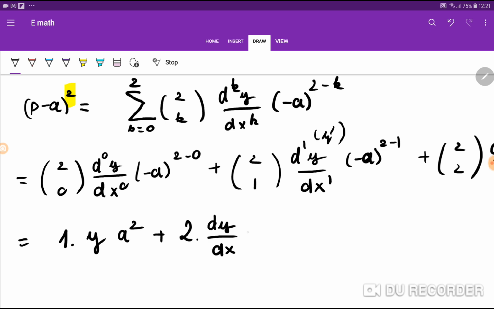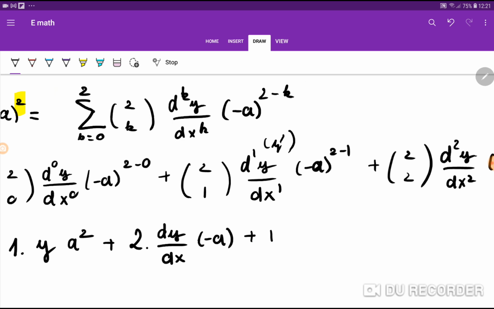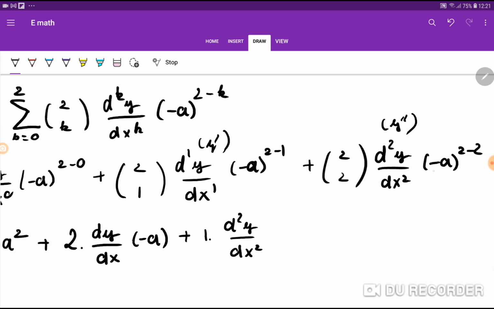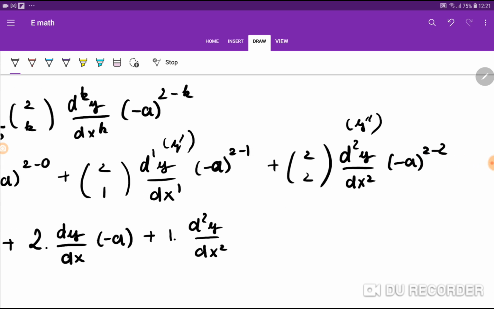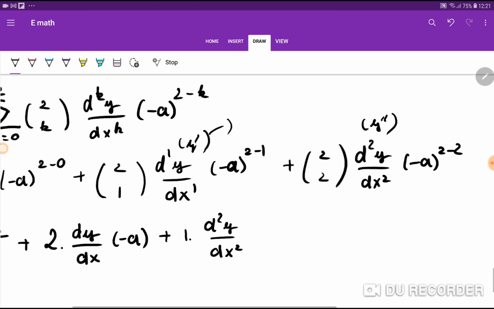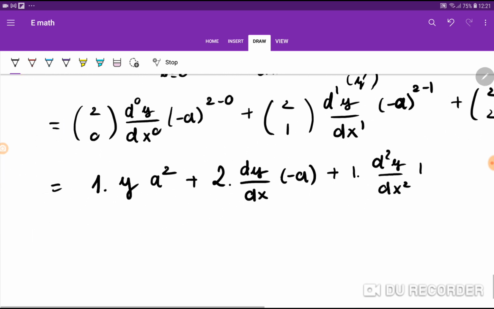And then negative a to the power 1 is negative a. 2 choose 2 is 1. d squared y over dx squared, and again, this is y double prime. I'm writing in this notation, but you have to understand it's the same thing: taking the derivative 2 times, or in this case, taking the derivative 1 time. So negative a to the power of 0 is 1. So what are we equal to?